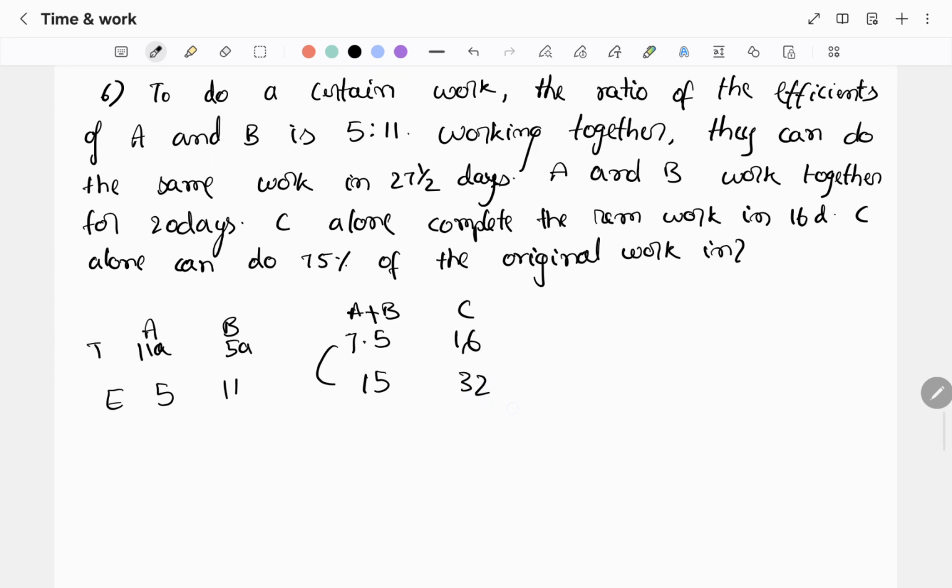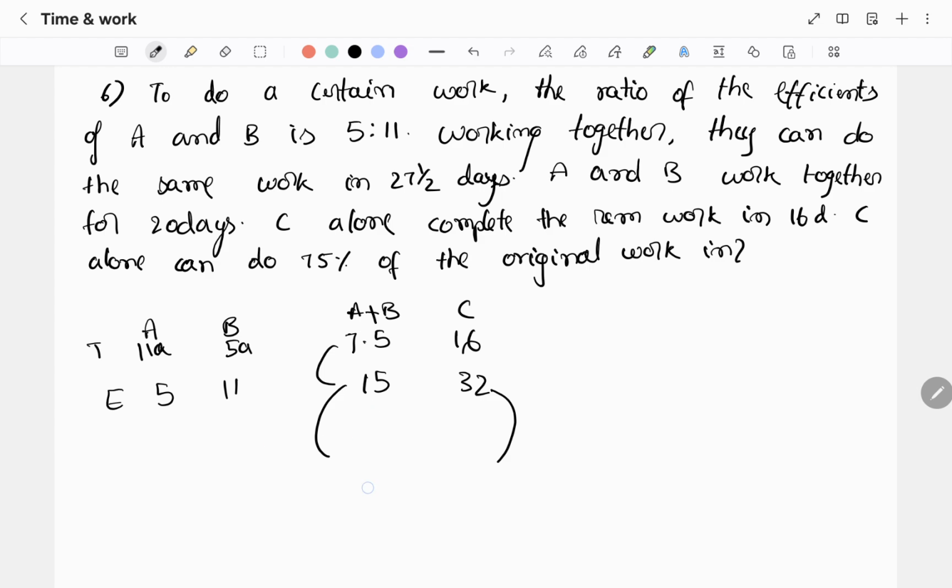A plus B would have done the total work in 27.5 days. Now they're asking for 75% of the work by C, but actually we first need 100%. What is the total work? The total work A and B did in 27.5 days.